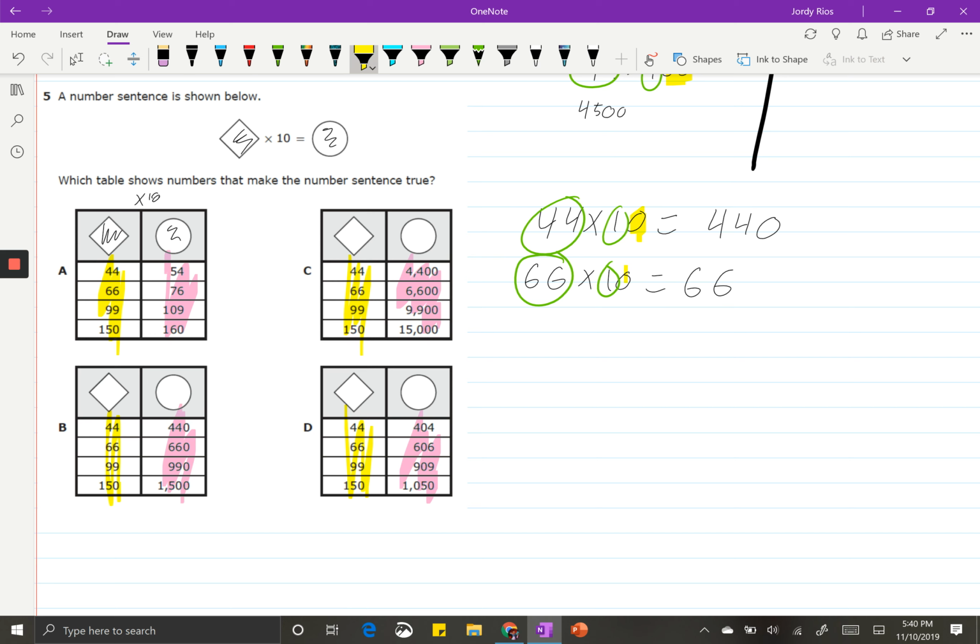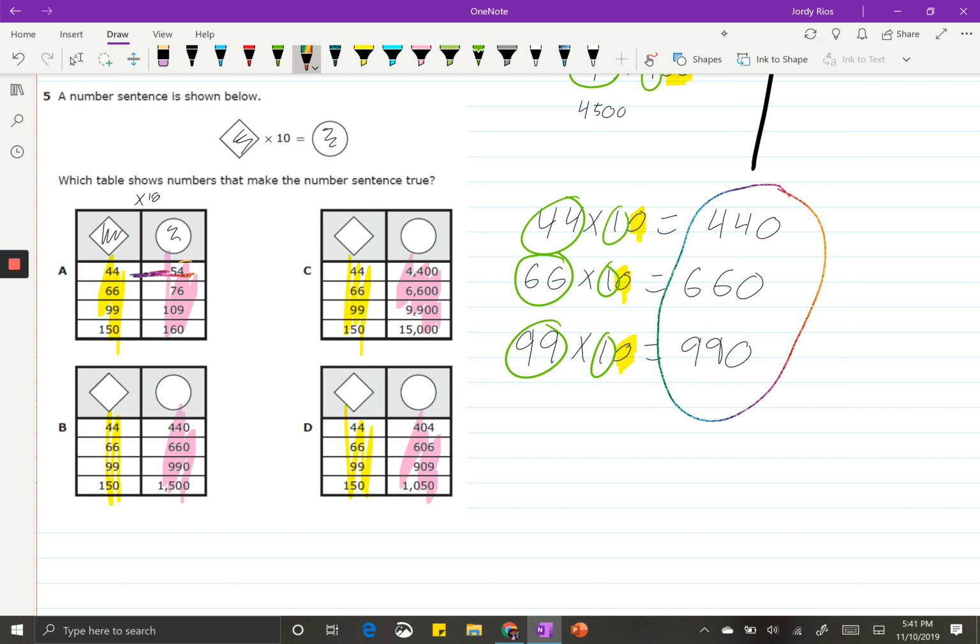How many zeros am I adding? Just 1. 660. Okay, let's just do one more just in case. 99 times 10. Again, I know 99 times 1 is 99. How many zeros am I adding? Just 1. It's 990.